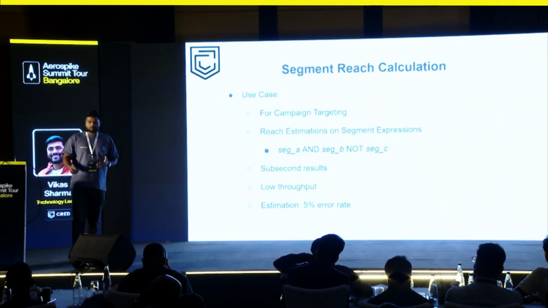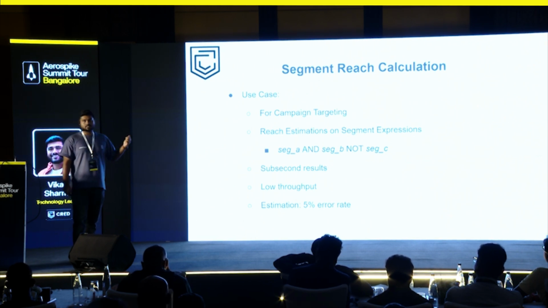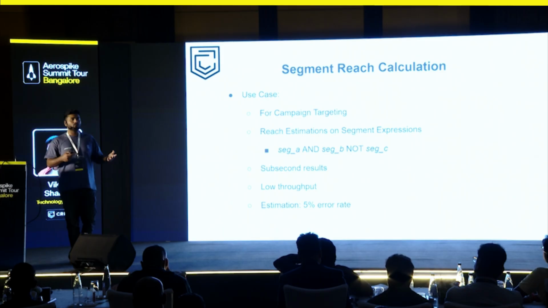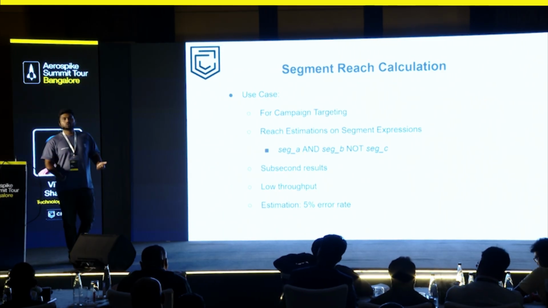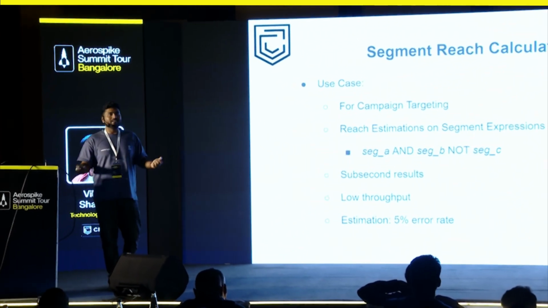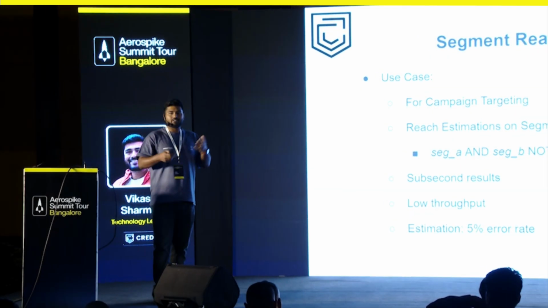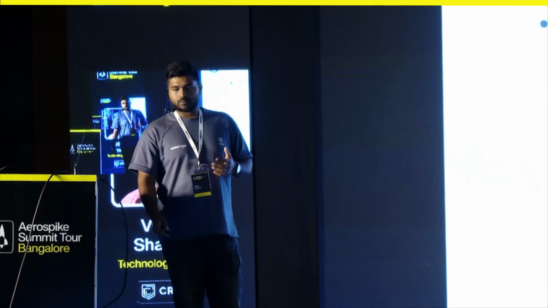So it takes a lot of time. Can we do better here? Can we get sub-second results so that whenever a campaign op is configuring this, they can get the reach calculation? It's going to be a low throughput query, but we are also good with a 5% error rate. It's okay if it's 95% accurate because I'm getting sub-second results. Can we also solve this as a problem?